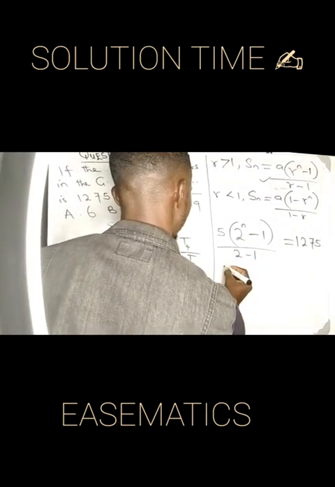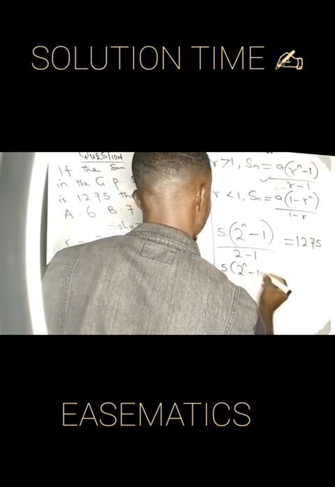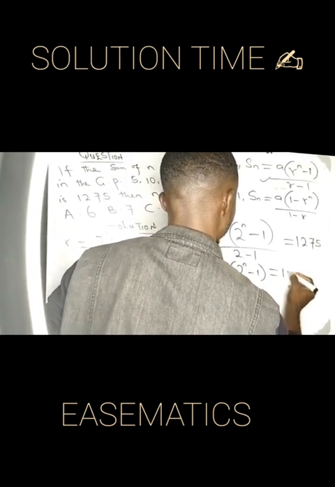Then we have 5(2 to the power of n minus 1) equals 1275.